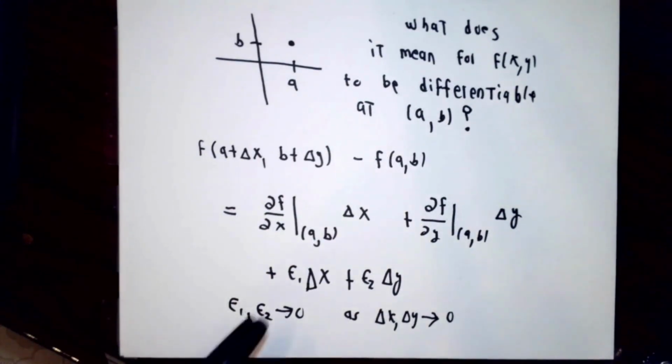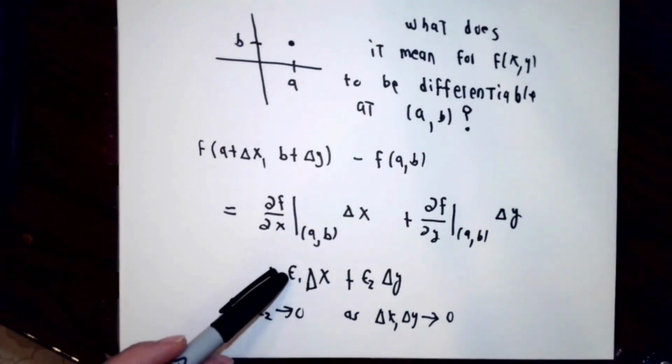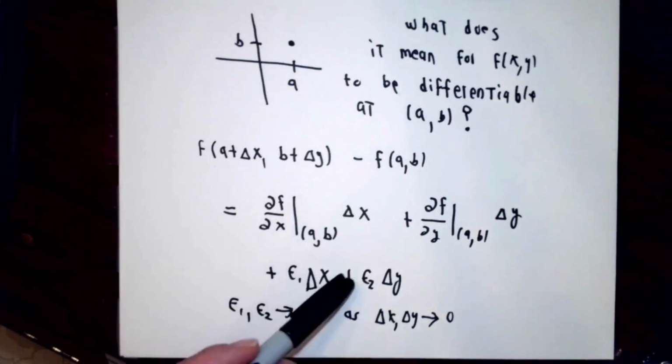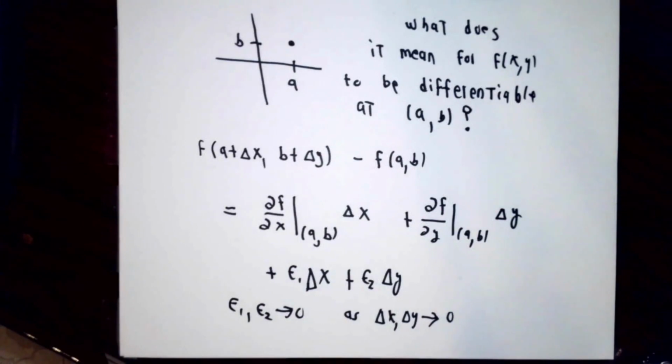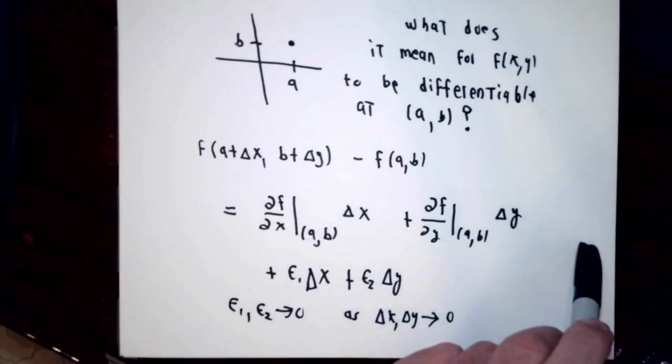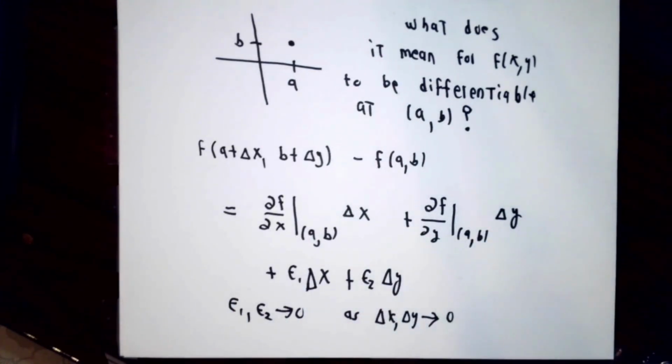So I'll think of having error terms epsilon 1 delta x plus epsilon 2 delta y, where epsilon 1 and epsilon 2 both go to 0 as delta x and delta y both go to 0. If I had more than two independent variables, I would just add more partial derivatives times change in the variable, and I would have more epsilons.